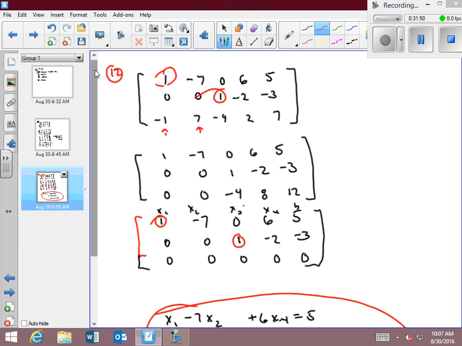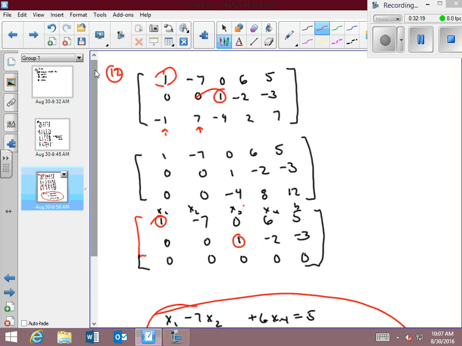You'd have specific values for x1 and x2, but you wouldn't have anything for x3. So you could eliminate x3. You could get zeros above that third column, third row, right? You could get zeros above the second row, third column.